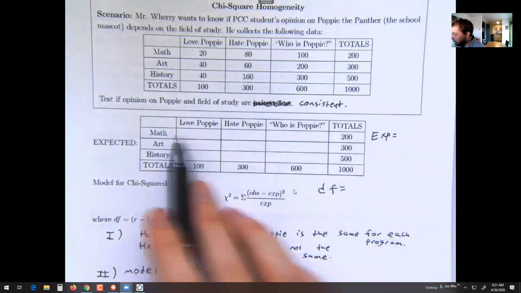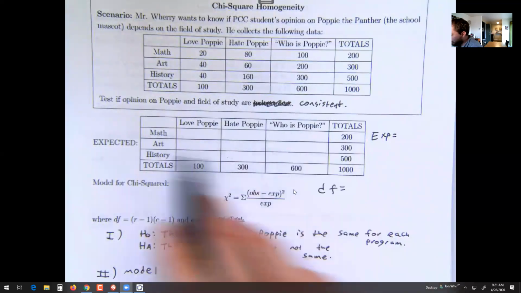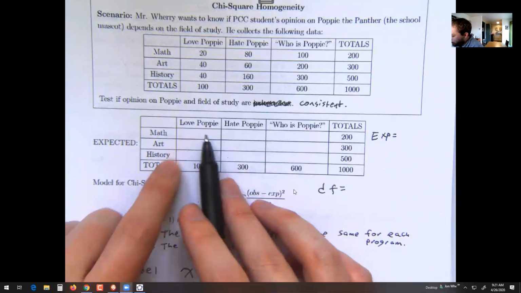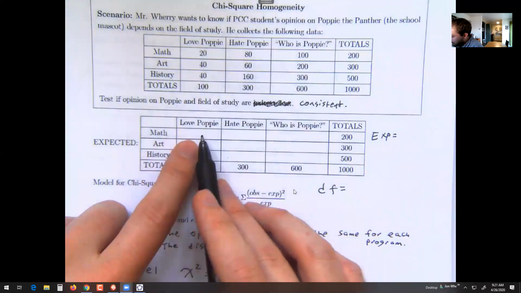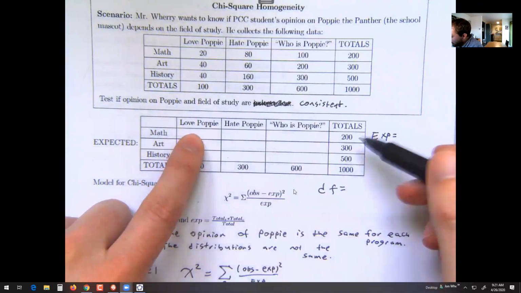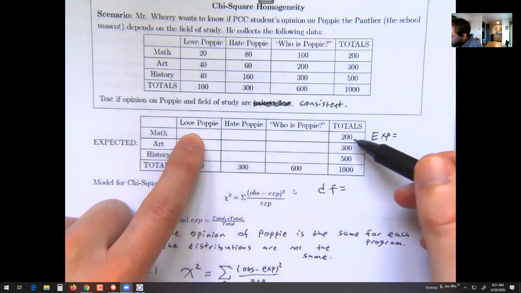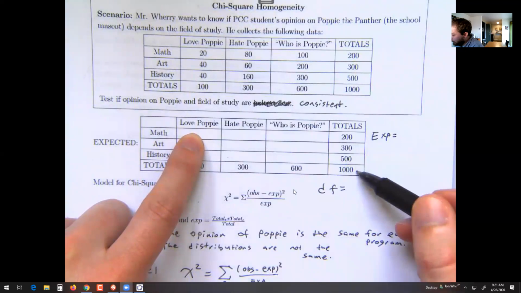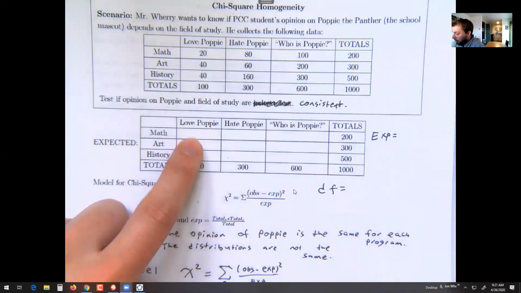So if the ratios look the same throughout this whole thing, then the proportion of people that are in this math love Poppy area, while the math group appears to be 200 out of 1,000, so 20% of the group. So I should see 20% of the love Poppy show up here.